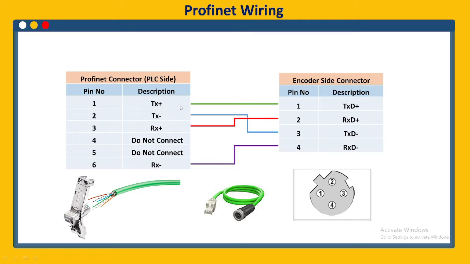You just need to connect this TX plus to the TXD plus of the encoder side, then TX minus to TX minus, then RX plus to RX plus, and don't connect the 4th and 5th pins. Then the 6th pin, RX minus, needs to be connected to RXD minus. Okay, this is a very basic diagram, and you can just connect this Profinet cable to the encoder.